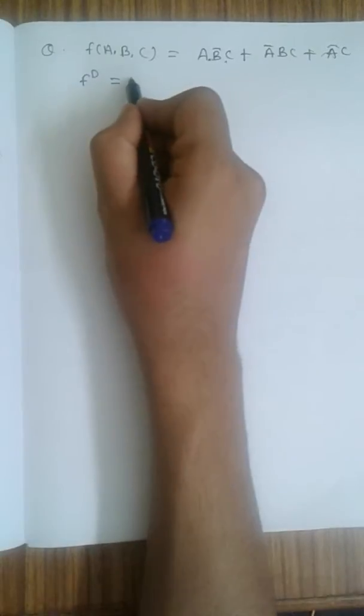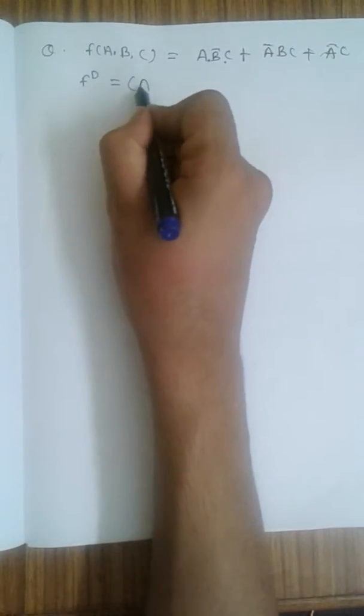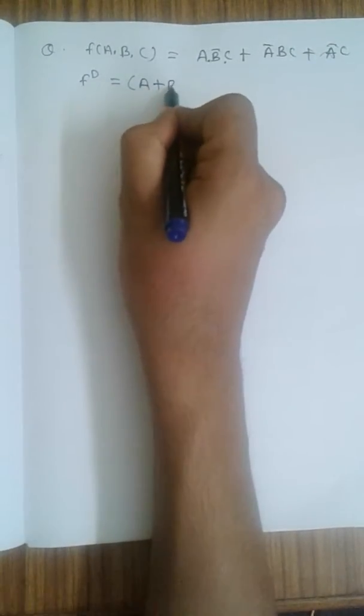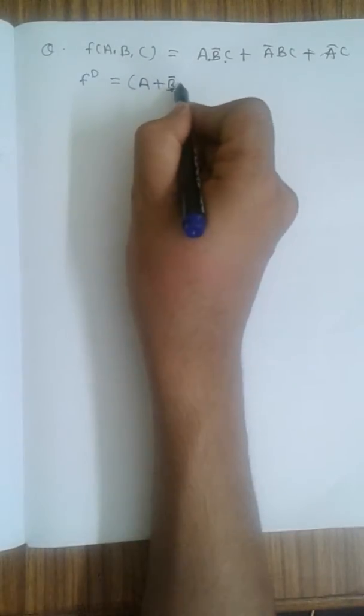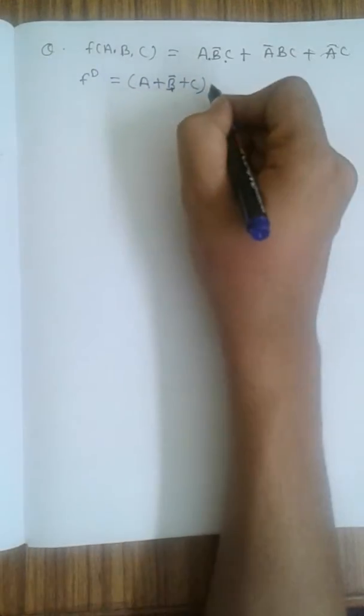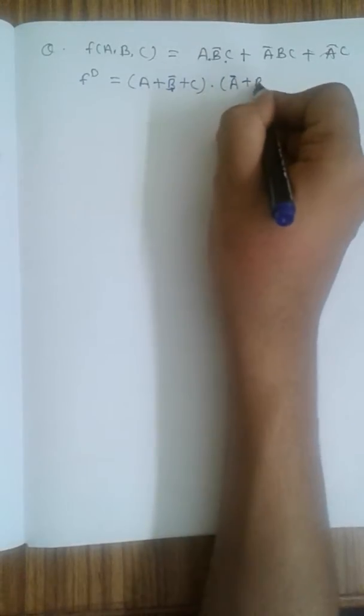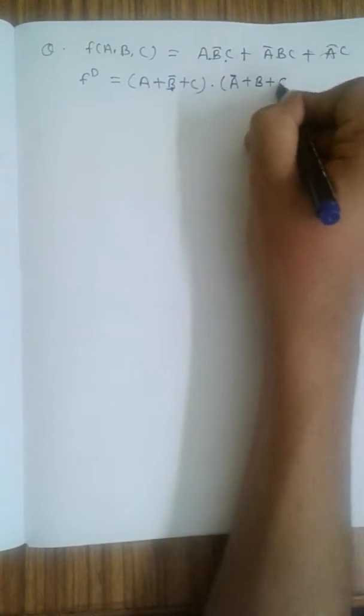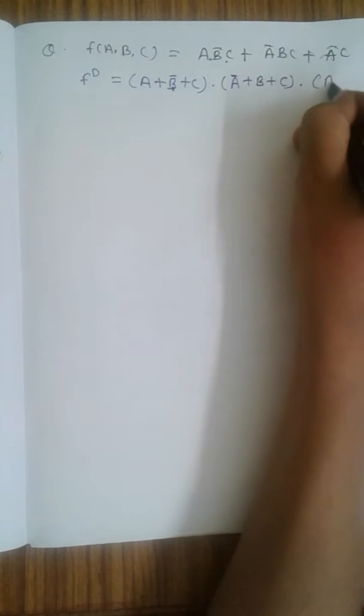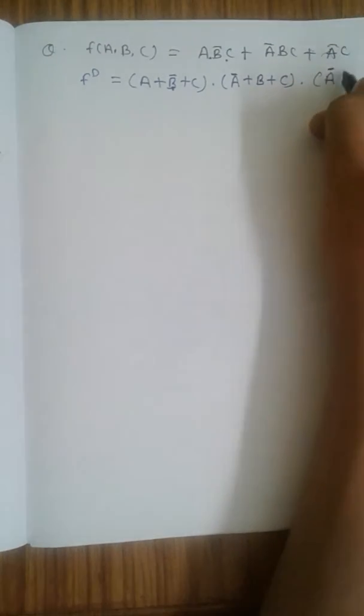So the dual will be a plus b bar, plus c into a bar plus b plus c, into a bar plus c.